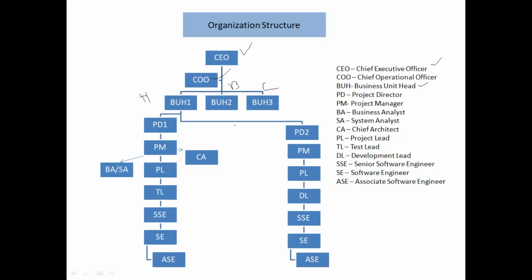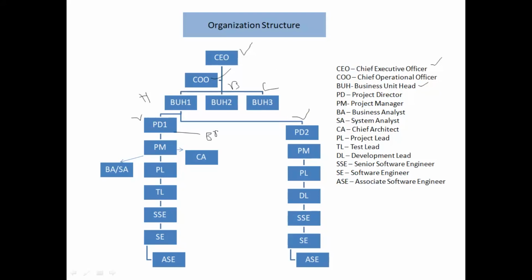As a manual tester, you will not interact with all of these people, but you need to understand the flow. In Hyderabad, you may have one business unit head, but he will be looking at multiple projects. That means under him there will be multiple project directors. PD stands for project director. One director will handle multiple projects, and under the director you may have multiple project managers.